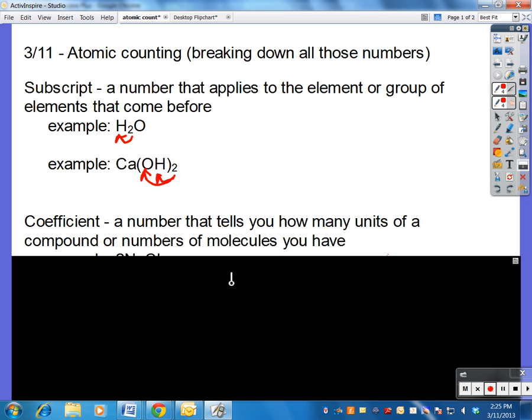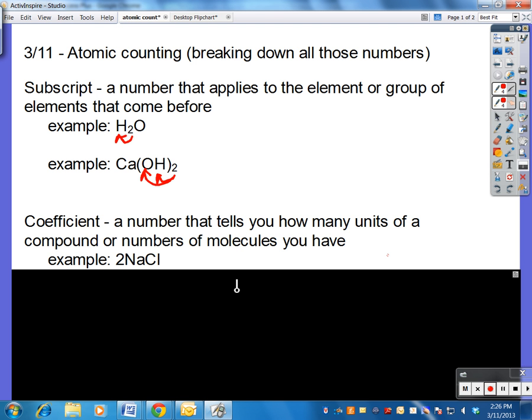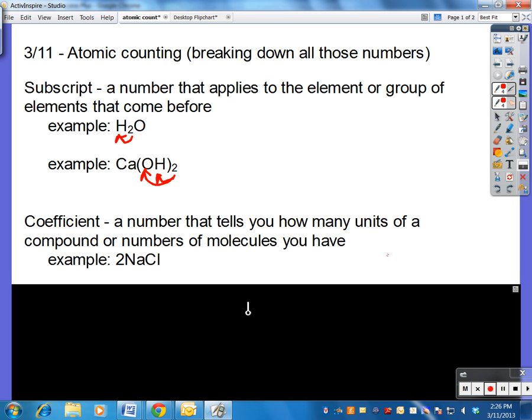But then when you're counting the atoms, it applies to every atom in that compound or molecule. So for example, if I have 2 NaCl's, that means I have 2 units of salt. NaCl is table salt. I have 2 units of salt, and within that I have 2 Na's and 2 Cl's total.